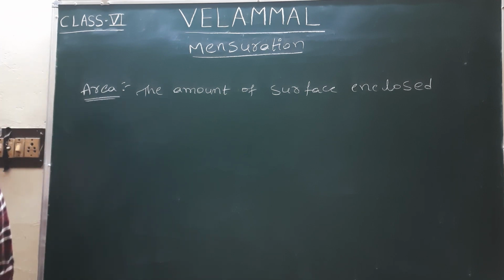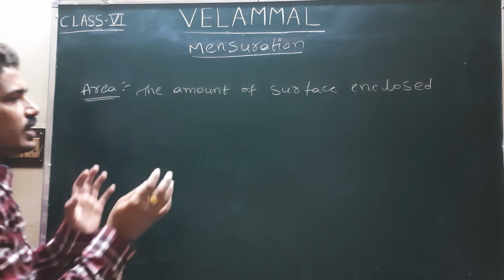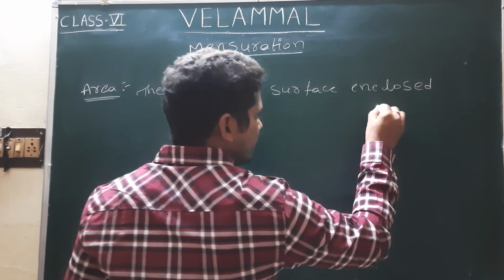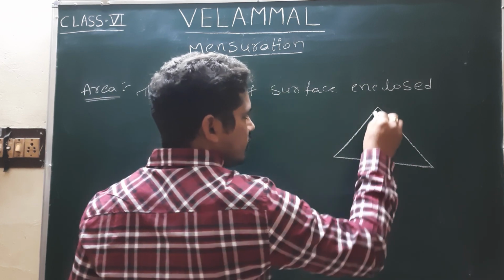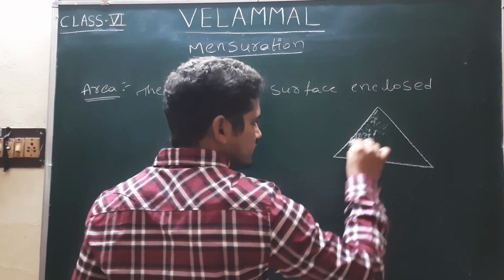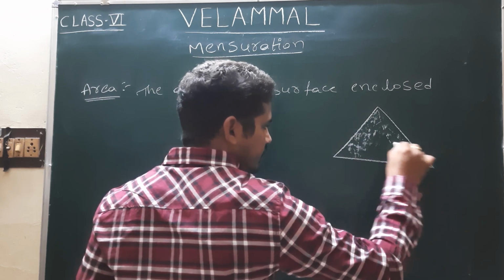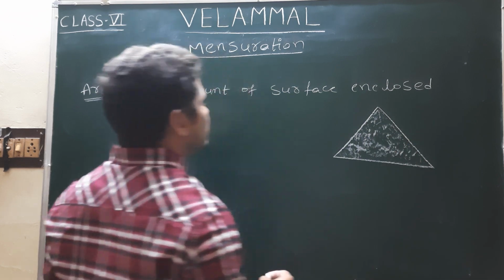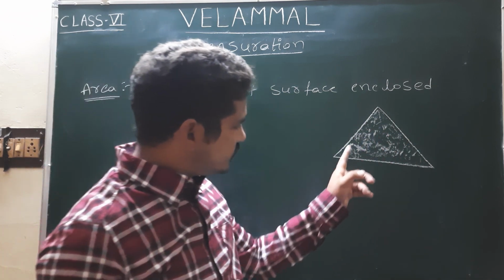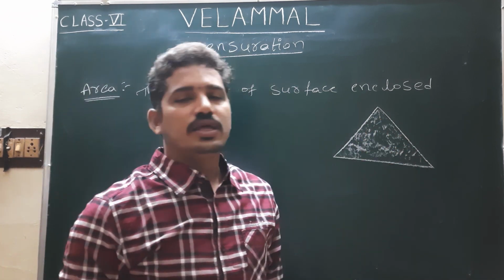Say, for example, I am taking a triangle again. Inside this, it occupies some amount of plane surface. This shaded portion, everything, is called the area.